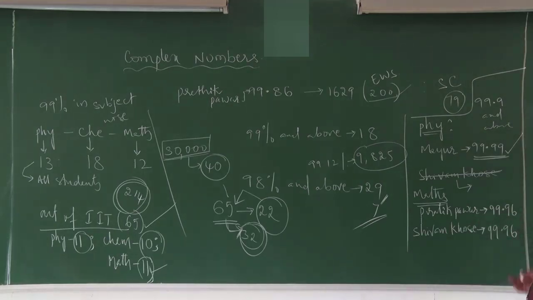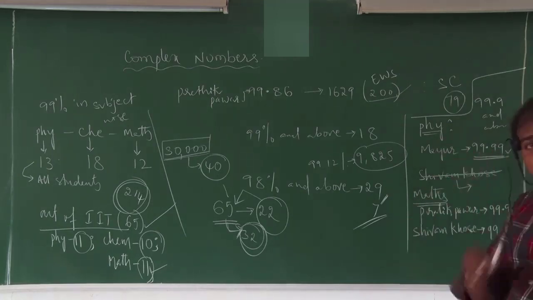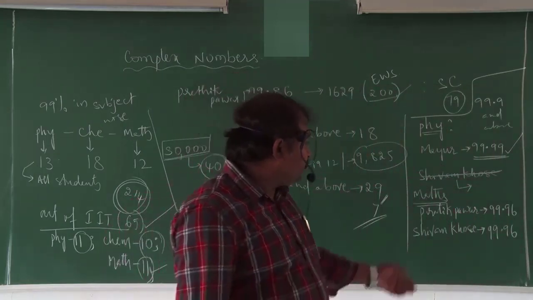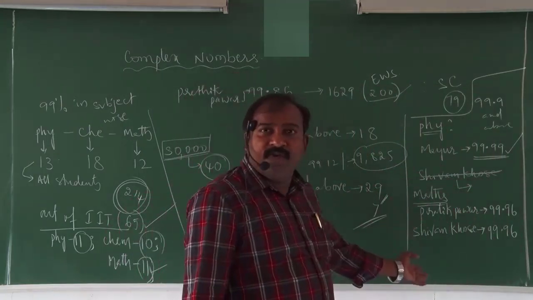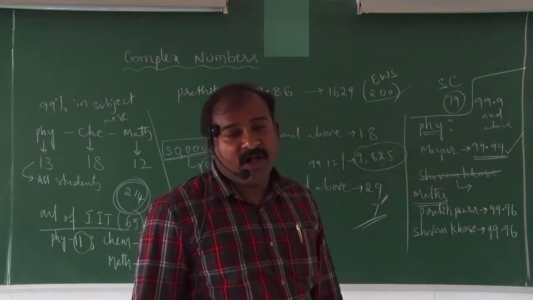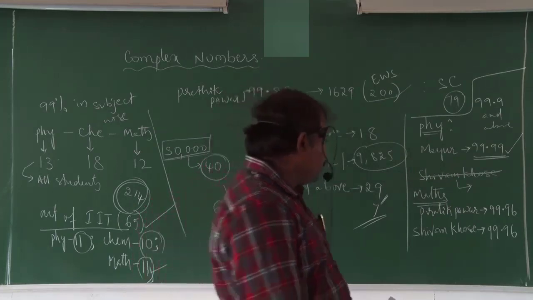So here if you observe 99.96, 99.96, 99.9, it means almost all they got correct. Out of 25 bits, maybe here in mathematics they attempted 24 bits. Even here also they attempted 24 bits. Got it? Next, in chemistry also we can cross check.